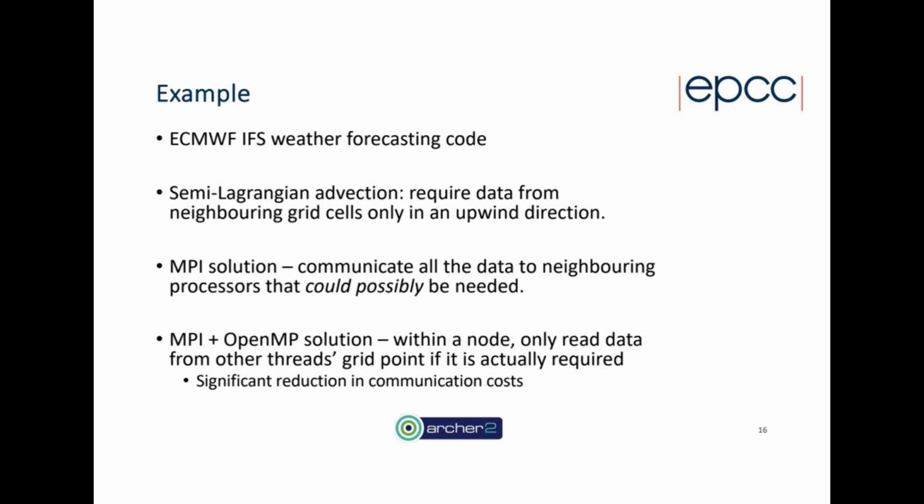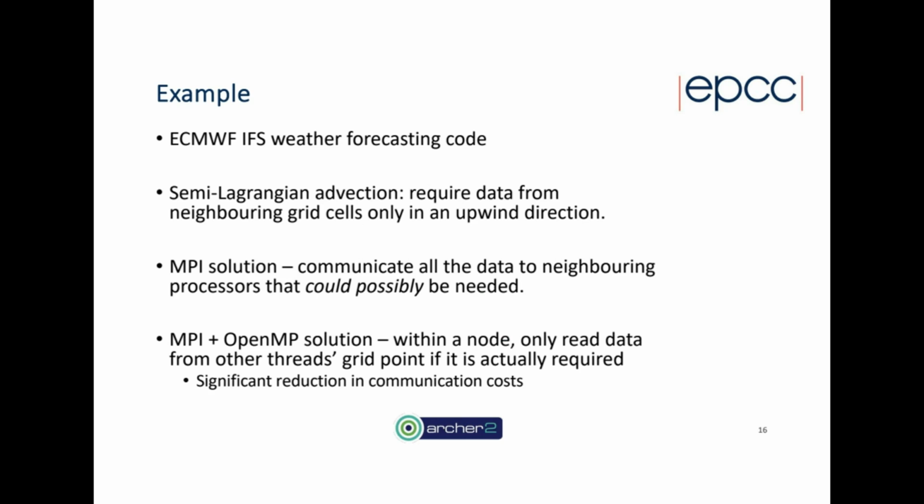Okay, just to illustrate, this is an example from weather forecasting code. This is the IFS, the Integrated Forecast System, the forecast and climate code that's maintained and used by the European Centre for Medium Range Weather Forecasting. If you don't understand the terminology, don't worry.